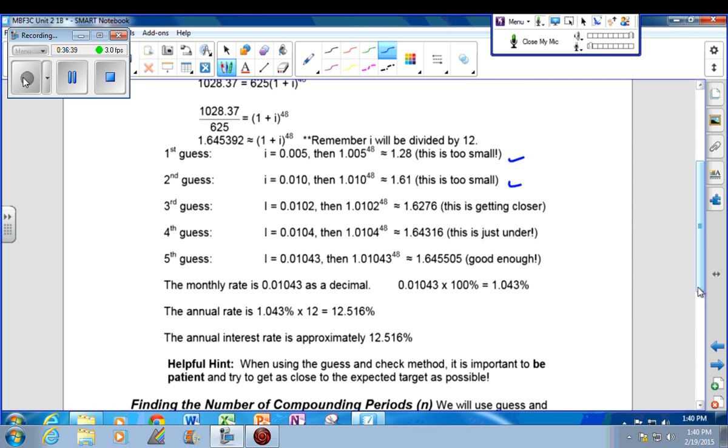To me, the idea is to bracket it. If the actual value is here, you try your first guess and it's too low, so your second guess should be too high, and then you decide whether you're going to work up or work down. In my case, a couple of guesses were wasted, but it looks like they did the same thing, so not so bad.